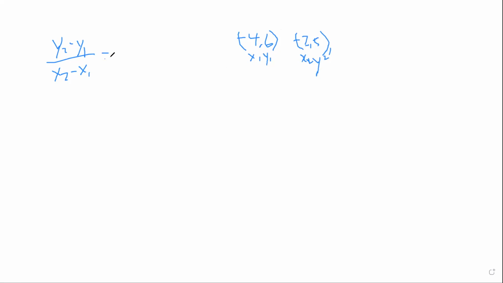It'll at least help you get them in the right order. So 5 minus 6 and -2 minus -4. On the top, I got -1, keep change on the bottom. It's -1/2 is the slope.